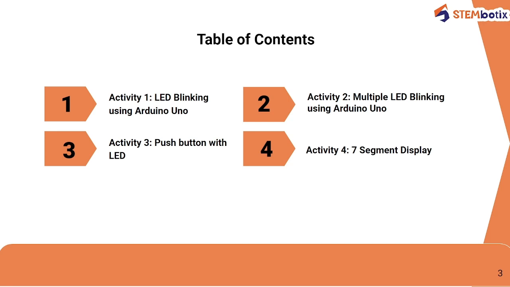In the third part, we are going to see the third activity, which is push button with LED, where you are going to turn the LED on and off using a push button. And in the fourth and last segment of this tutorial, we are going to see our fourth and last activity, which is 7 segment display with Arduino Uno. In the last session, we are going to attach the 7 segment display with Arduino Uno.